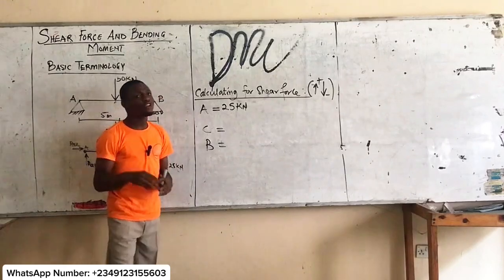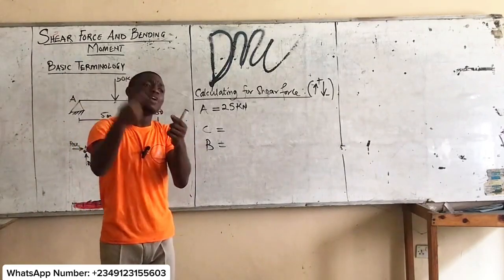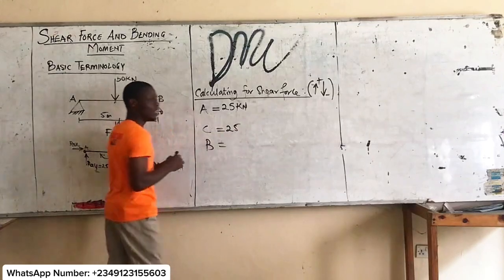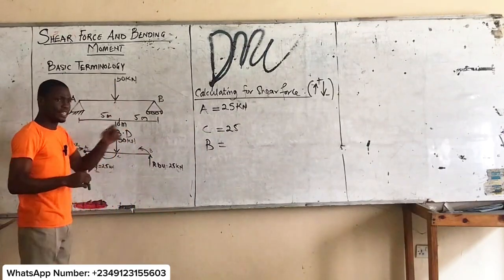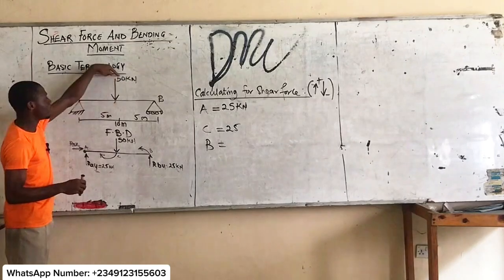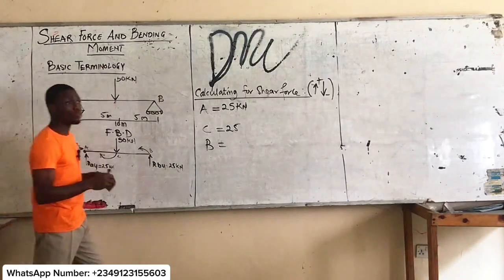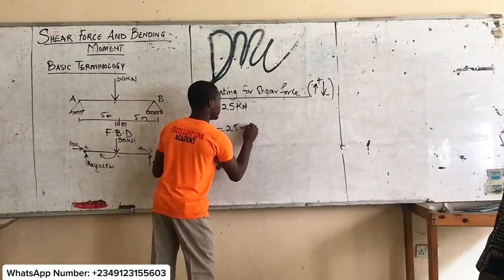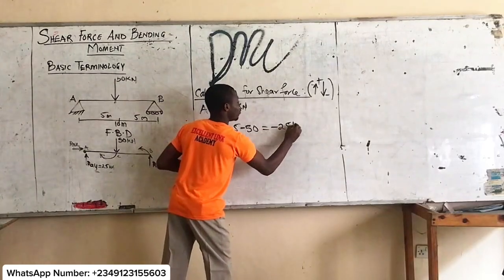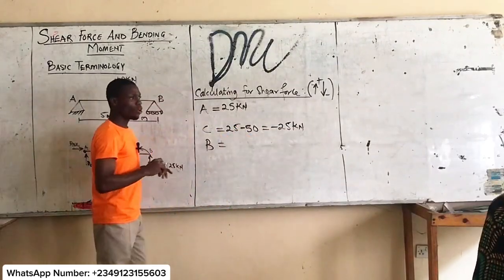Repeat it down. So I have 25. Let us consider C itself now. For C, that's 50, negative 50. Minus 25 kilonewton. What's next?